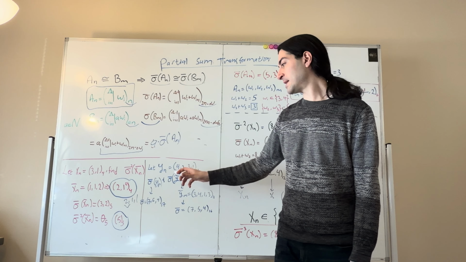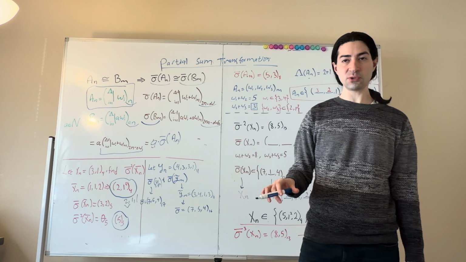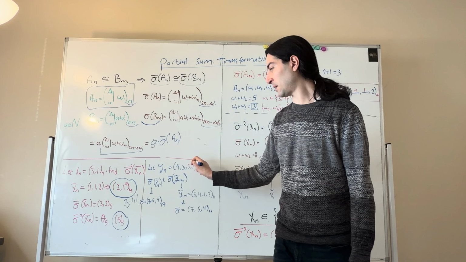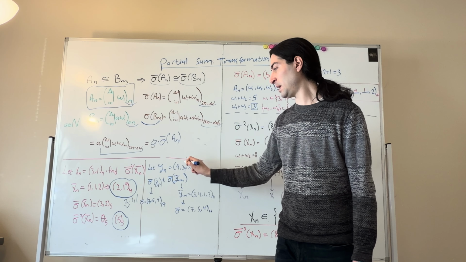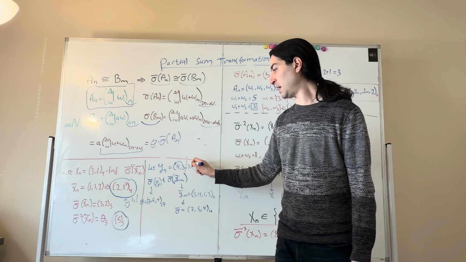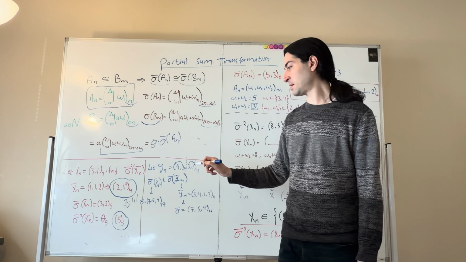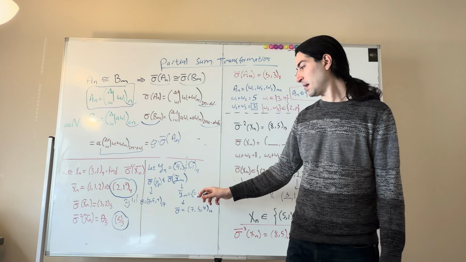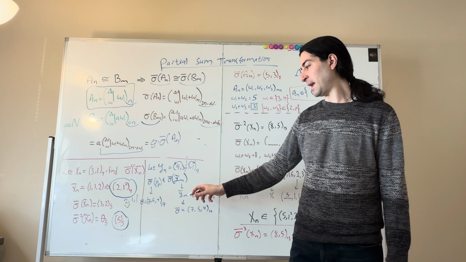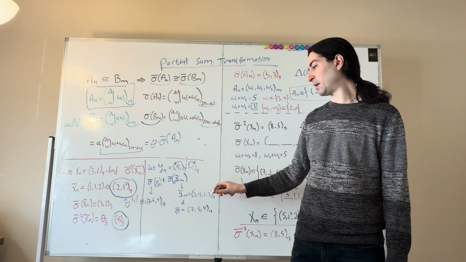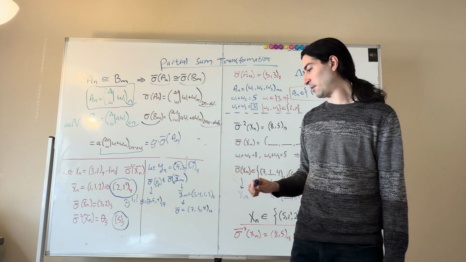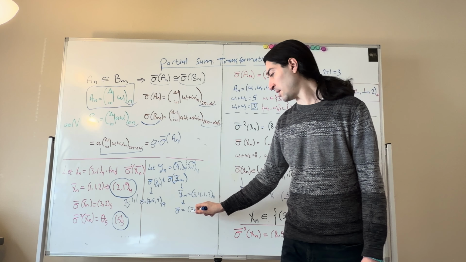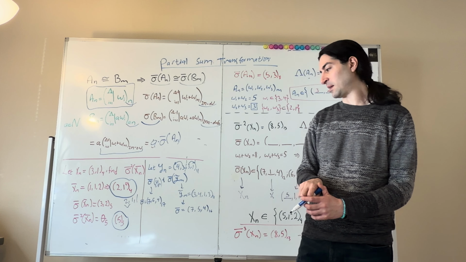Now let's find sigma bar of the involute of yn, and the involute, we basically draw a line of symmetry and we move the inner parts outside like this, and this gives us the involute of yn is 3, 4, 1, 3 subscript 11, and then sigma bar of that gives us 7, 5, 4 subscript 17.